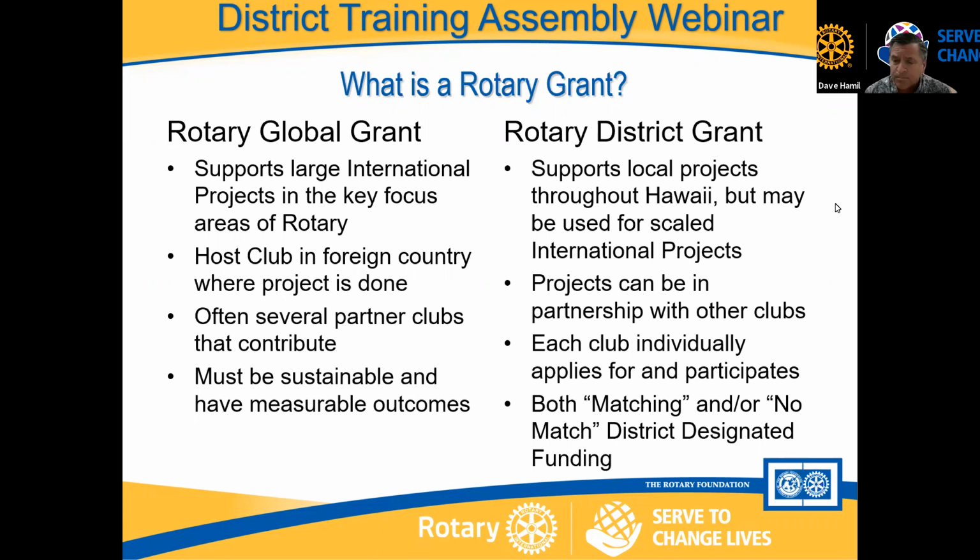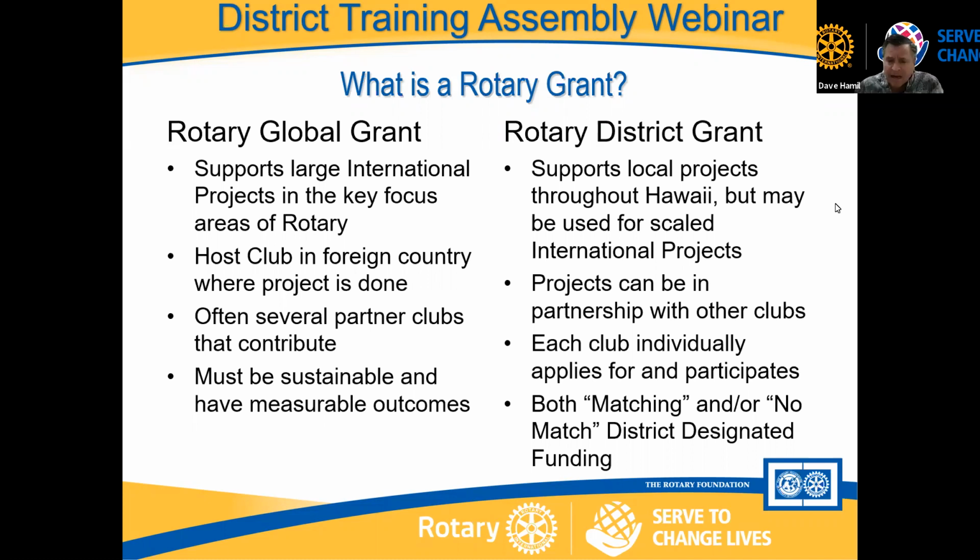For instance, the tree planting projects that have been occurring this past Rotary year, lots of clubs are participating in identical types of grants. However, each club actually applies for and participates individually. So even though it might be the same end result, the same overall project, you're still applying for and participating as an individual club.